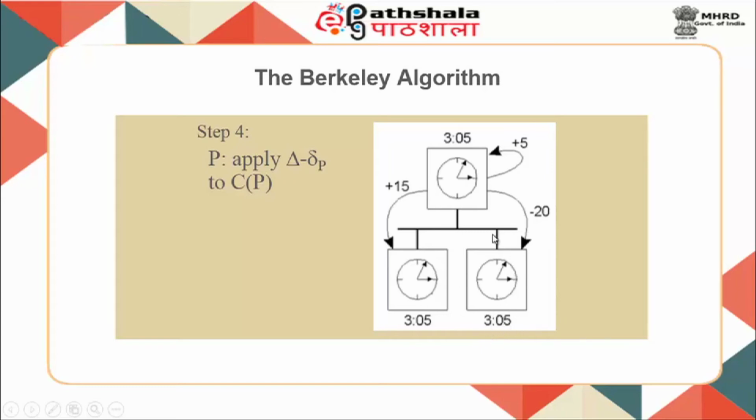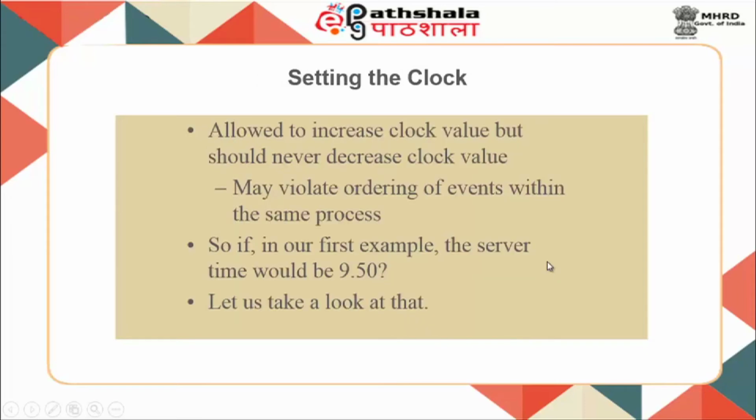So, by applying delta minus delta P at each process, we see that all the clocks now are synchronized with each other. So, this is the way we set the clocks with each other.